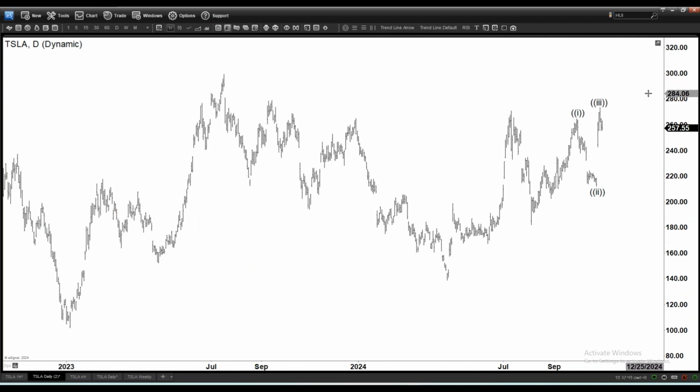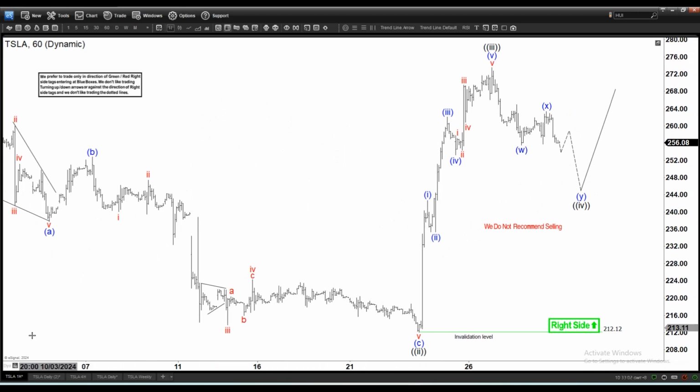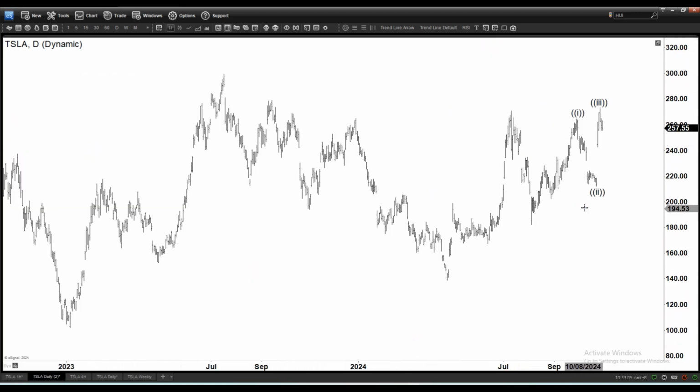There are a couple of interpretations available, and I think it's not really necessary to interpret the larger time frame, because even the simple lower time frame already favors more upside, like I explained. So I think we don't need to go into too much depth trying to discuss the larger cycle.